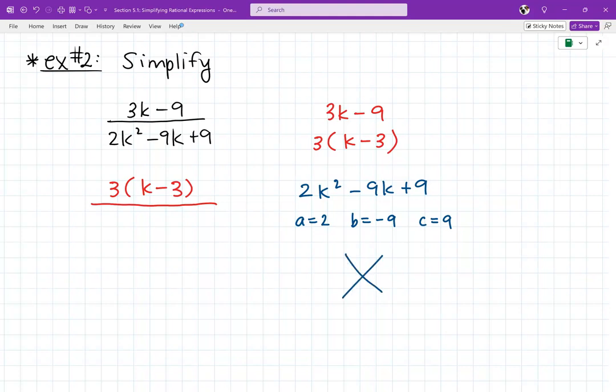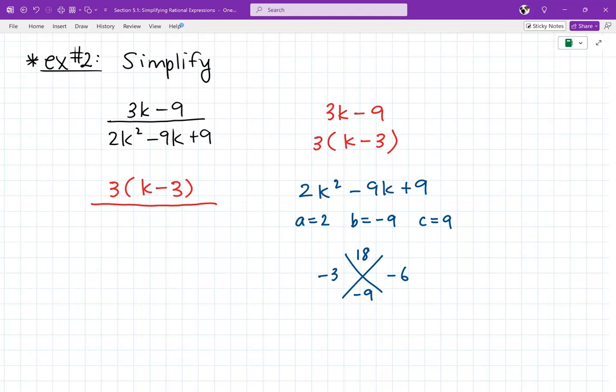A times c, that's 2 times 9, that's 18. On the bottom, I'm going to put a minus 9, so that's where you put your b value. So what two numbers multiply to 18 that add up to a negative 9? All right, negative 3 and a negative 6. Negative 3 times negative 6 is 18. Negative 3 plus a negative 6 is a negative 9, so I'm good.